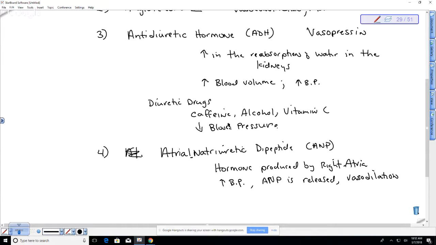All the other ones that we talked about, like norepinephrine and angiotensin, were constrictors. This is a vasodilator, so it is going to decrease your blood pressure. So this is the stimulus, and this is the response.